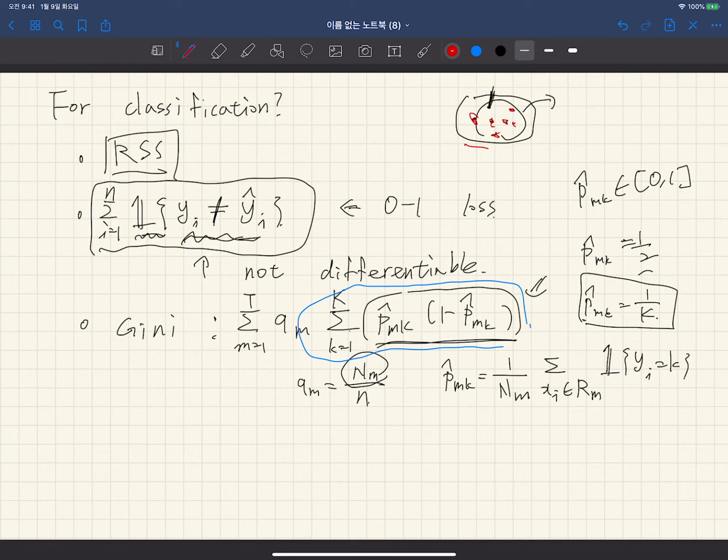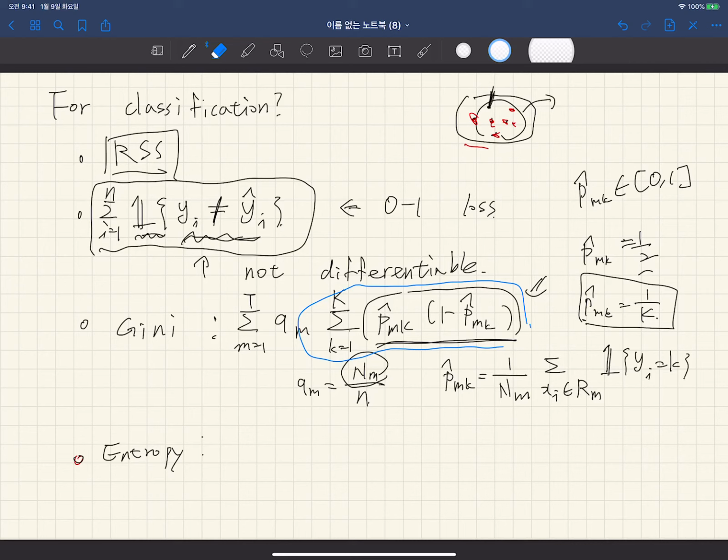And entropy is another good measure, very similar. How can we compute the entropy?